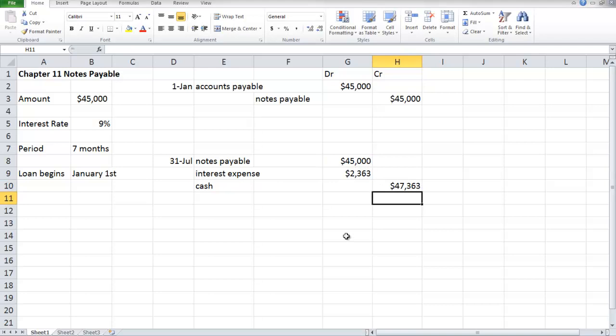So in this case, one, we don't have the end of the year accrual to make, and two, we're exchanging an accounts payable for a notes payable. And that's the end of the second example for calculating a notes payable.